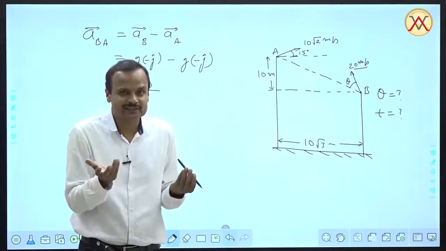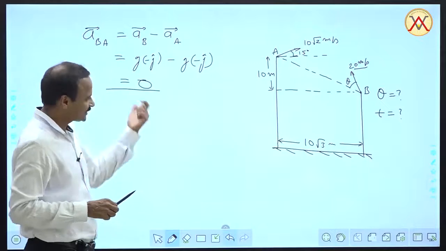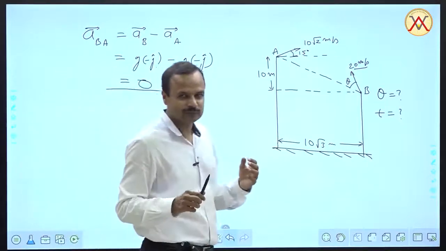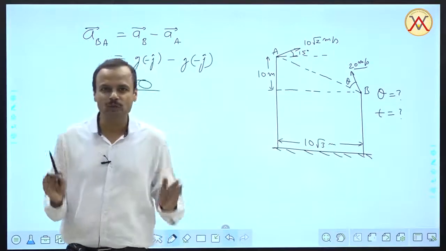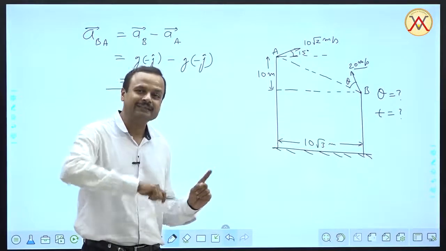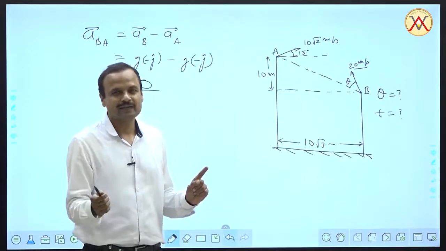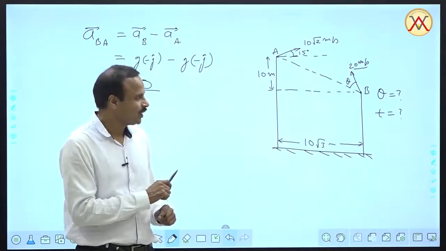So it is having some acceleration. But that is not allowed. We already know that the acceleration of one projectile with respect to another is 0. So it can be concluded that the trajectory of one projectile as seen by another is nothing but a straight line. Alright.